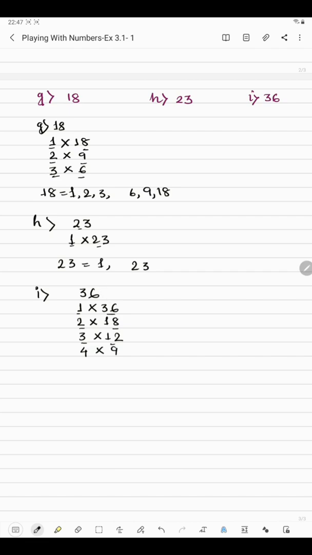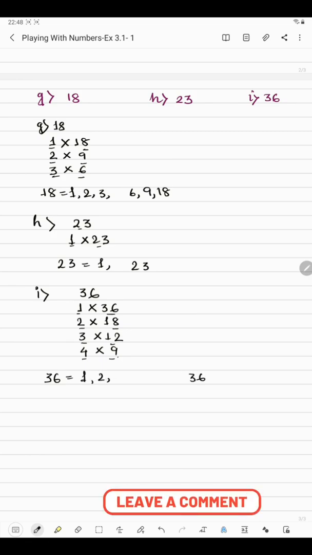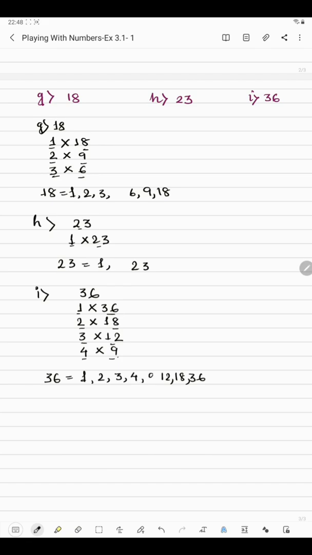Now after 4, 5 is there. 36 cannot be divided by 5, 6, 7, 8, and 9 is already there. That means you have taken all the numbers. So these are the factors of 36. So we will write 1 36s are 36, then 2 18s are 36, then 3 12s are 36, and 4 9s are 36. So these are the factors of 36.